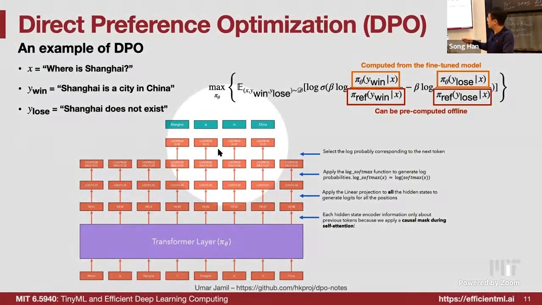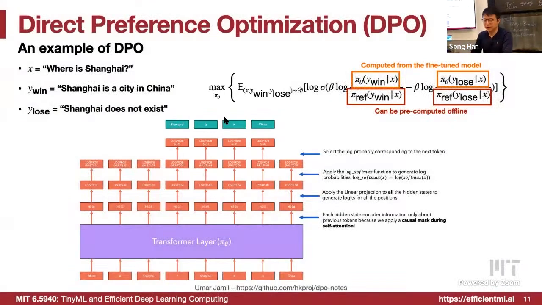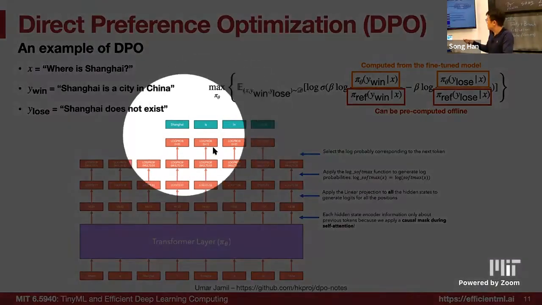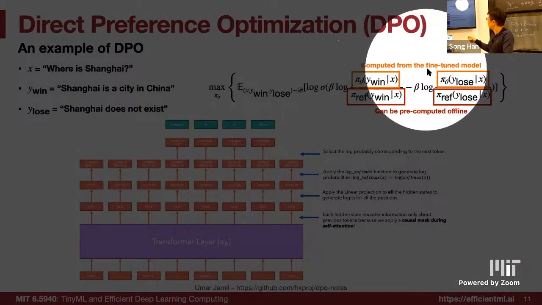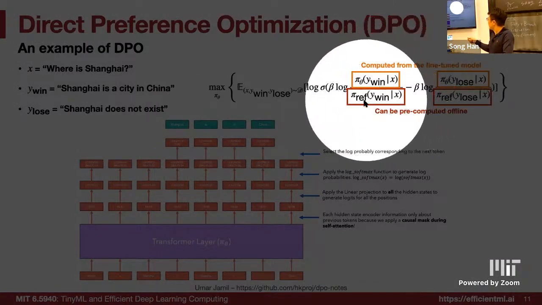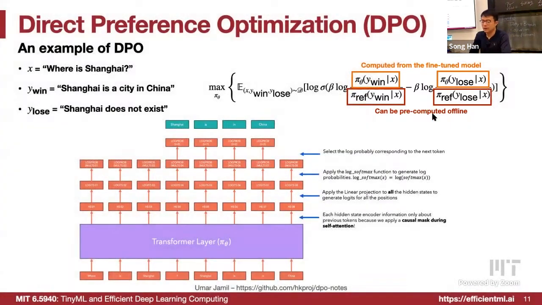So you have the ground truth, and you can calculate the probability of this particular output. You try to maximize the probability computed from the fine-tuned model, versus the denominators, which are pre-computed offline by the reference model. So we can use that to convert this process into a supervised fine-tuning process to align the output with human preference.